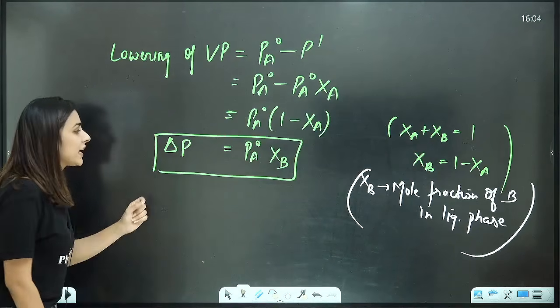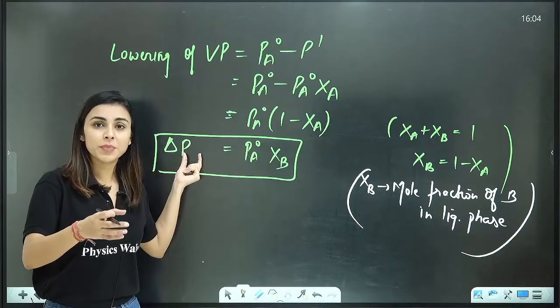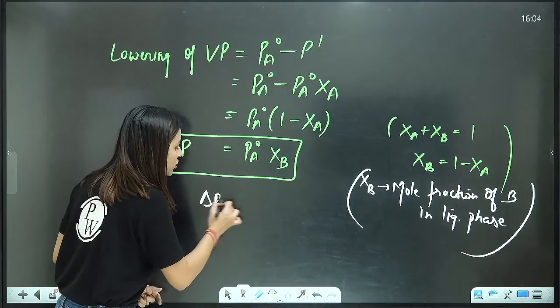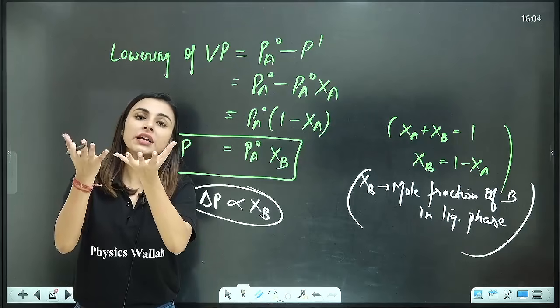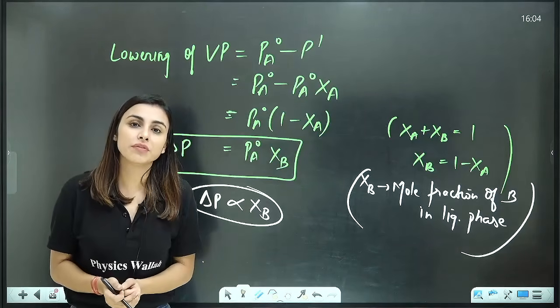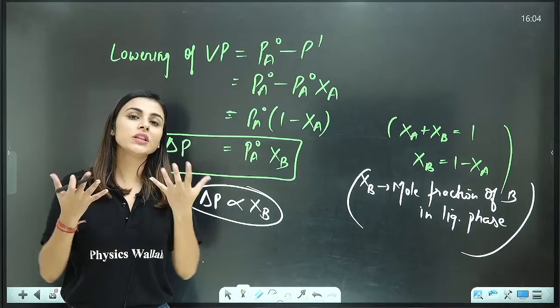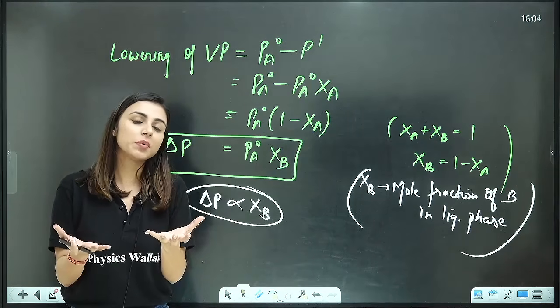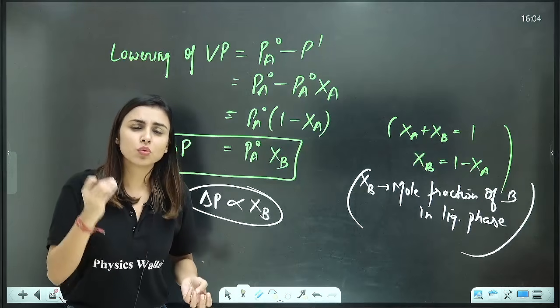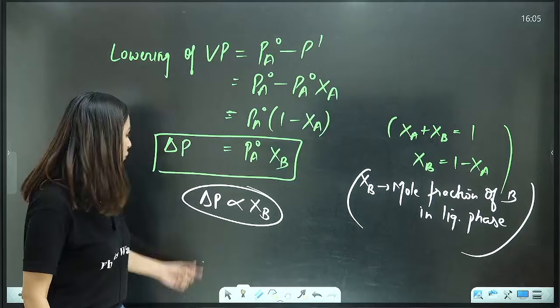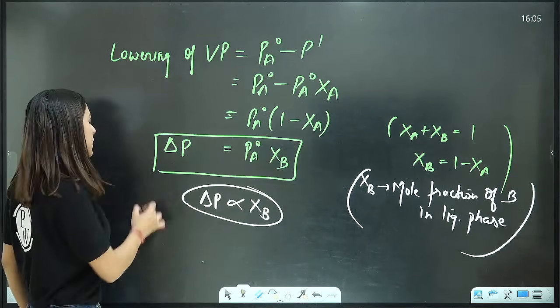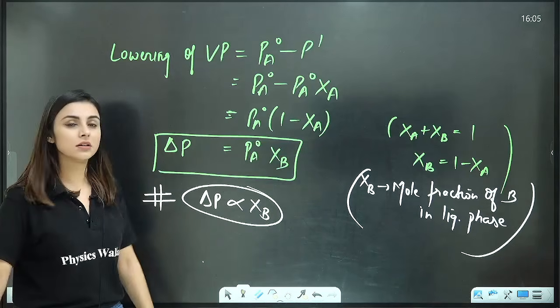So we can say that lowering of vapor pressure is directly proportional to the mole fraction of B. The more the non-volatile solute, the more will be the lowering of vapor pressure. This is a very important expression which you need to understand.